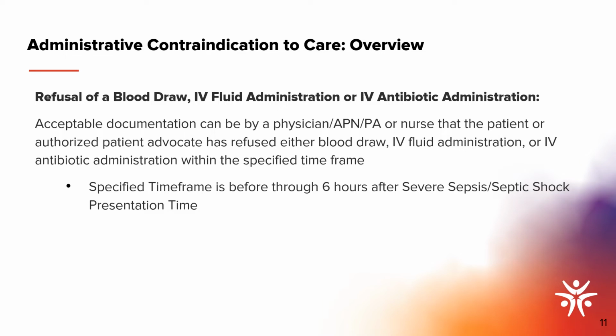In order to exclude a case due to the refusal of care, the refusal must be documented prior to through 6 hours following the onset of severe sepsis or septic shock. The guideline does not define a time frame prior to the onset of severe sepsis.